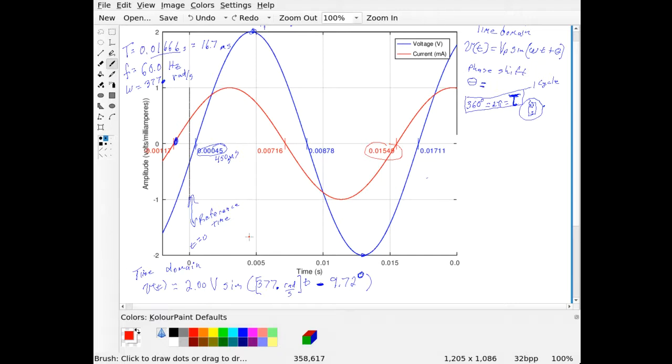We use a capital letter for DC or the DC equivalent, and we use lowercase v to represent an AC moving voltage. Okay, but right here, this is just a peak value.